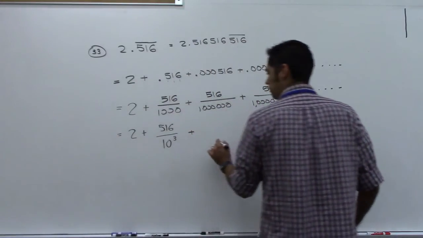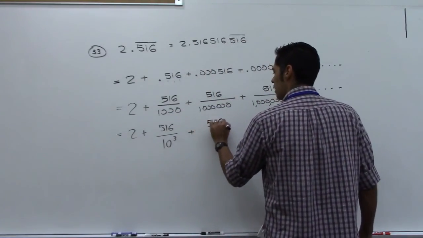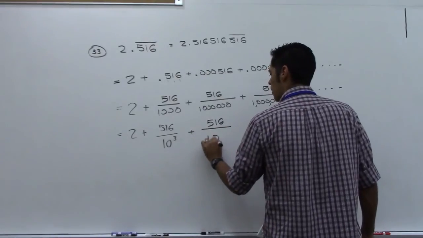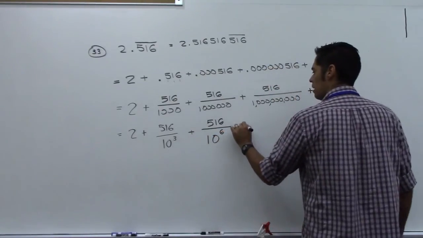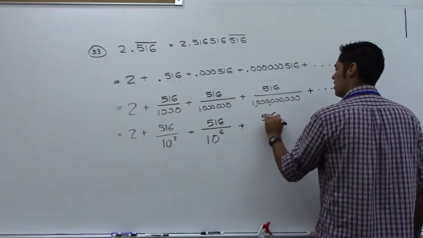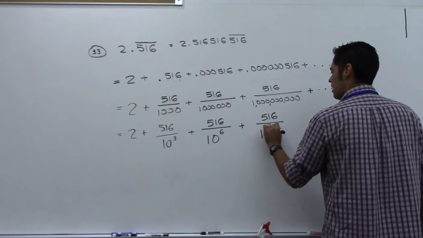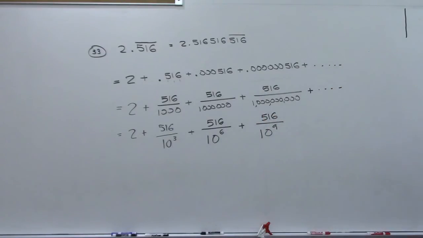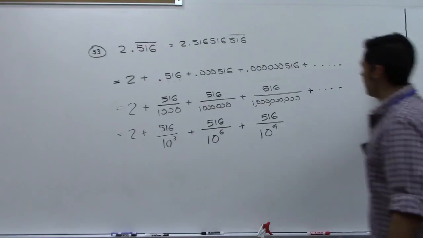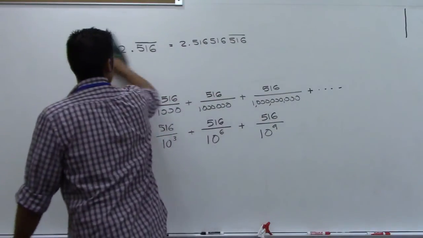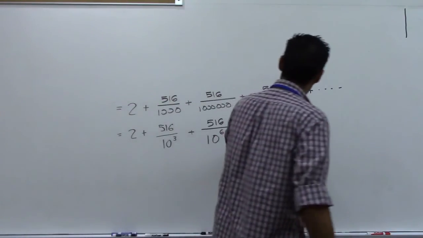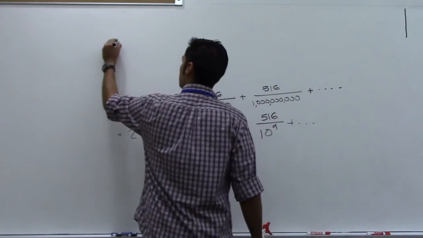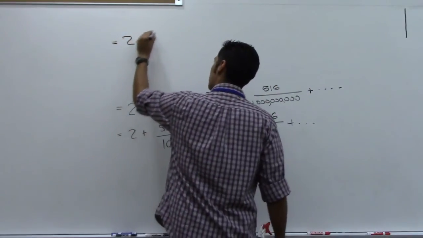Plus, let's see, 516 over 10 to the sixth, and then 516 over 10 to the ninth. Okay. The pattern keeps repeating itself out here. So this is equal to 2 plus sum.